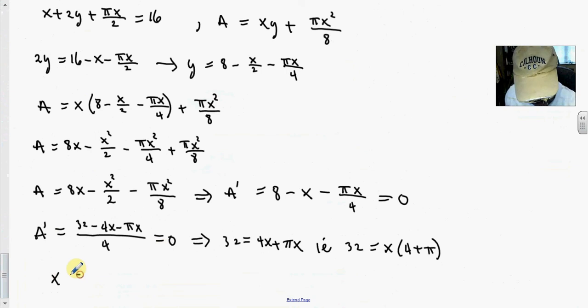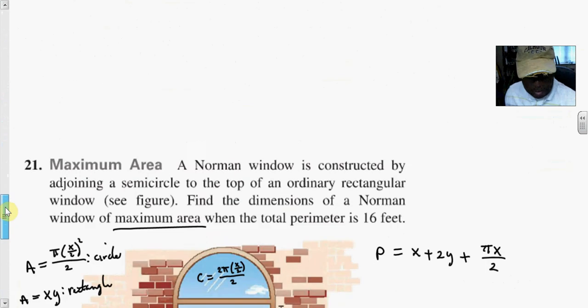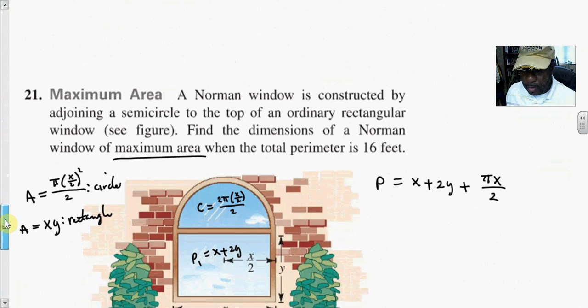So we get x is equal to 32 over 4 plus pi. And this is in feet.